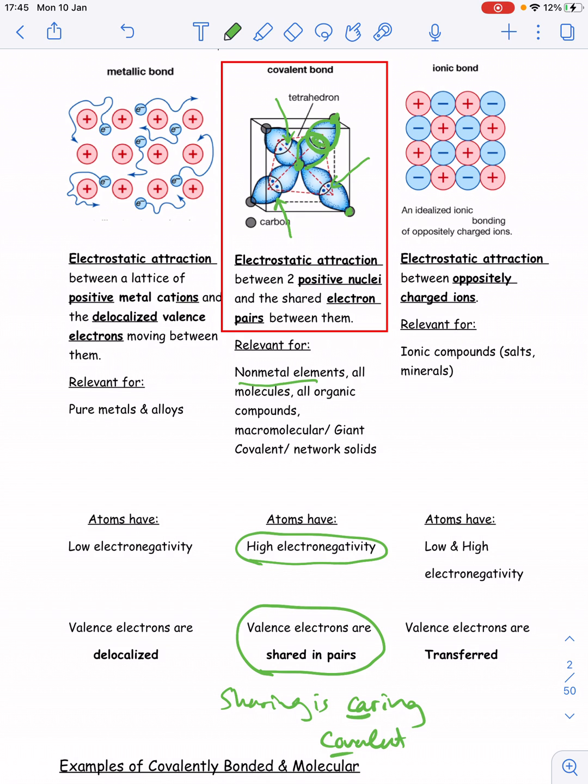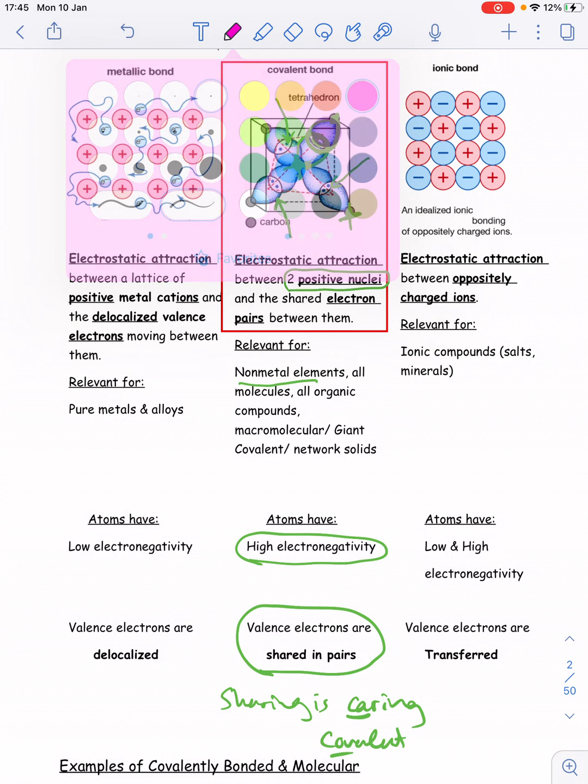And so the actual bond, the actual thing that holds the two atoms together, is referred to as an electrostatic attraction. Electrostatic just means it's about positive and negative electrical charges. So it's an electrostatic attraction between the two positive nuclei. There's a nucleus in this atom that's positive, and there's a nucleus in this central atom here that's positive.